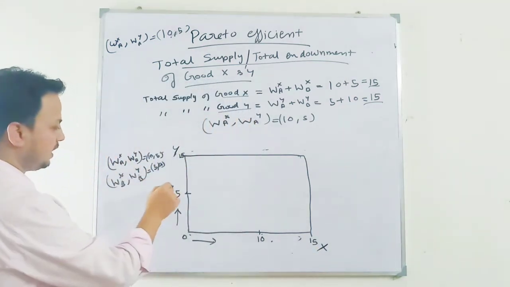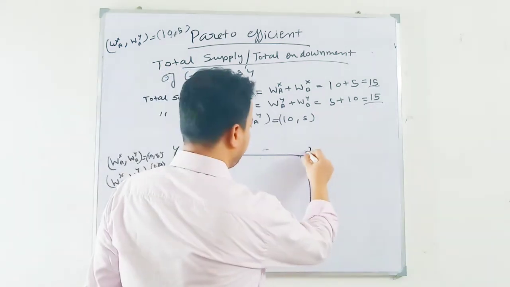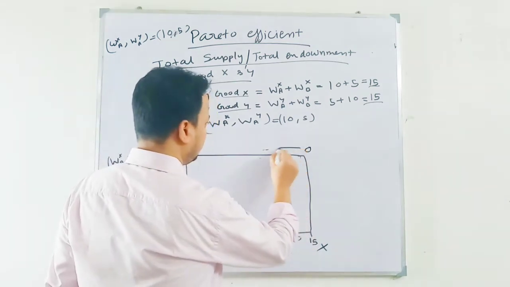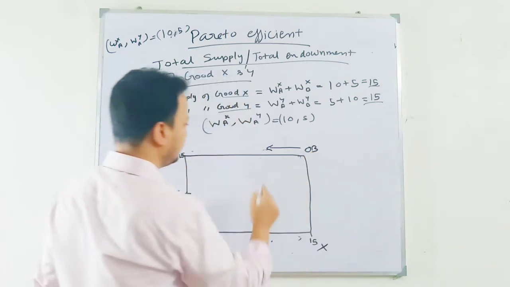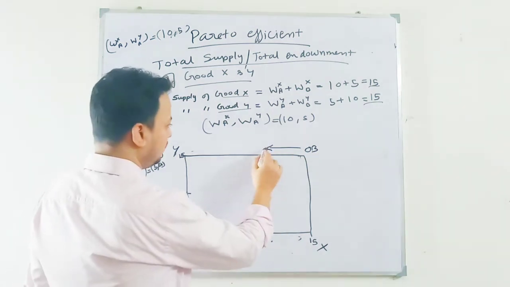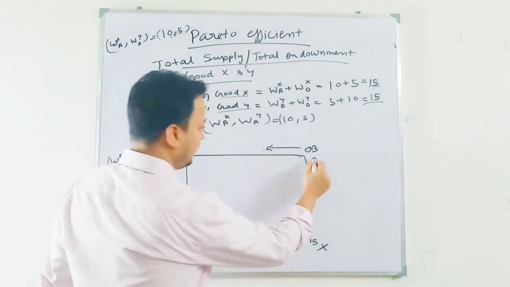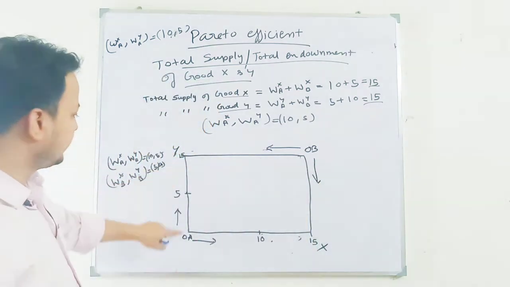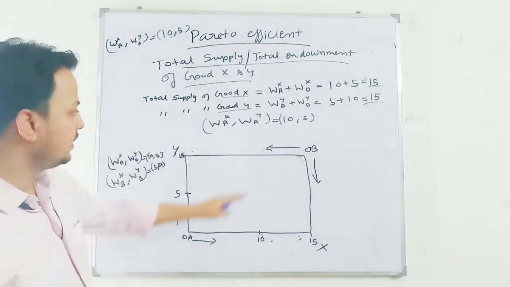If we move this side, it is the amount of good y consumer A is getting. Similarly, this is the axis for consumer B. Let's write OA for consumer A, OB for consumer B. If we move this side, it is equivalent to the x-axis. This side represents the amount of good x consumer B is getting, and here the amount of good y consumer B is getting. Because this vertical axis represents your y-axis, horizontal represents your x-axis. I just inverted the graph.